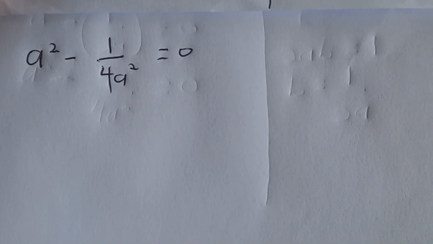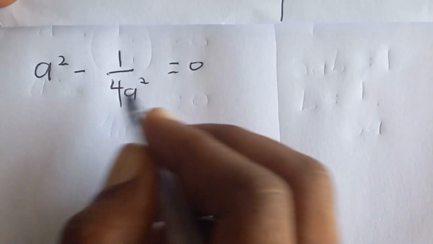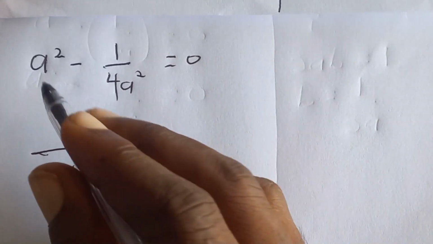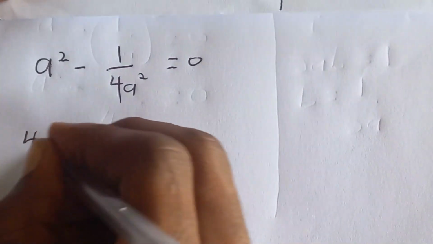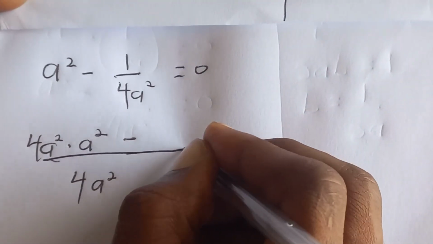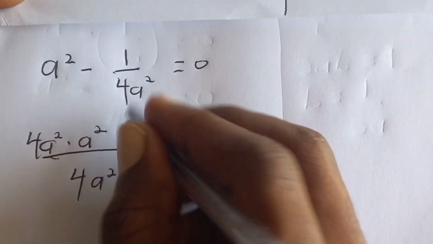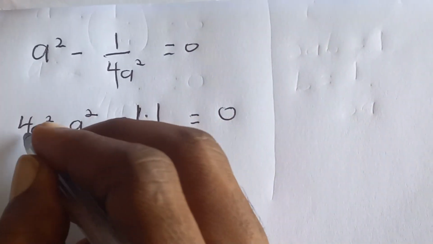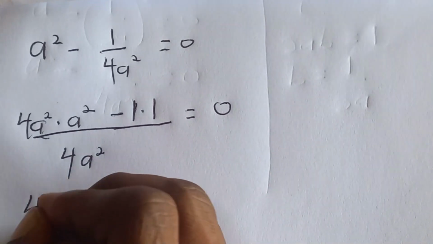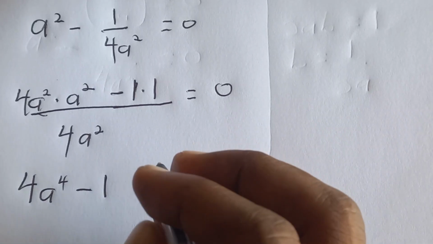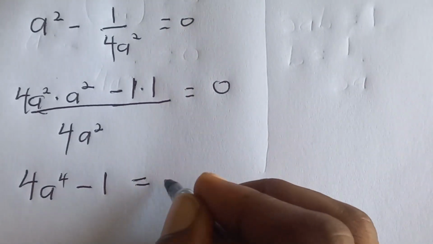From here, the denominator is 4a squared, so we get 4a squared times a squared minus 1 over 4a squared, which is 4a to the power 4 minus 1, equal to 0.